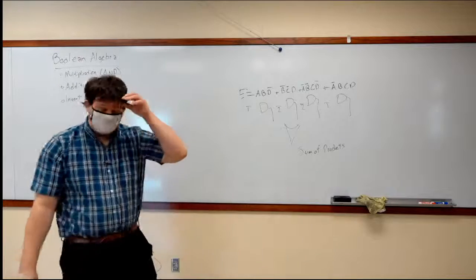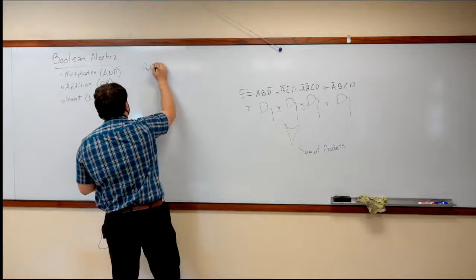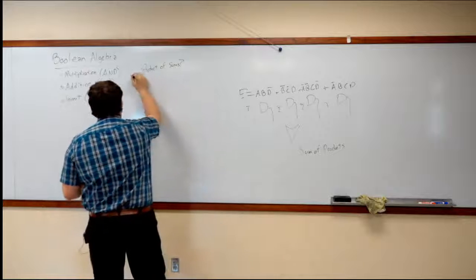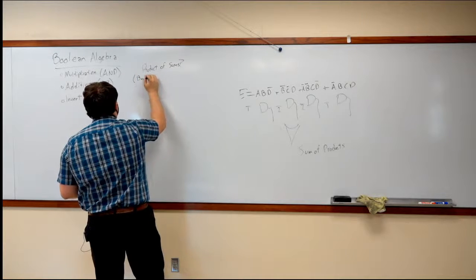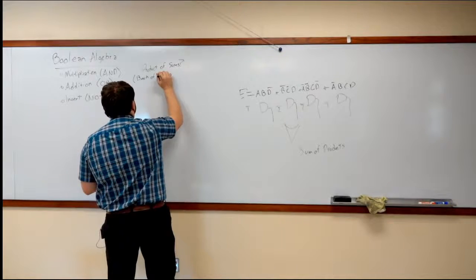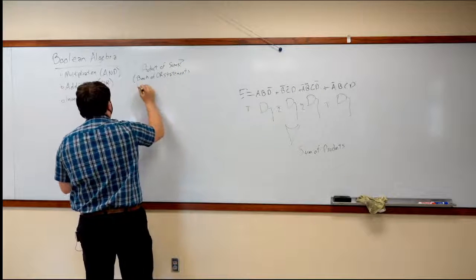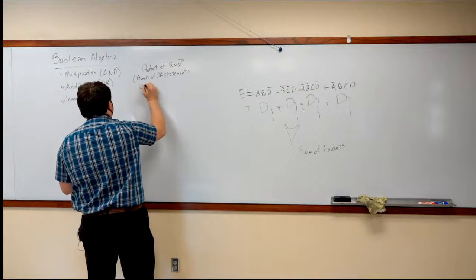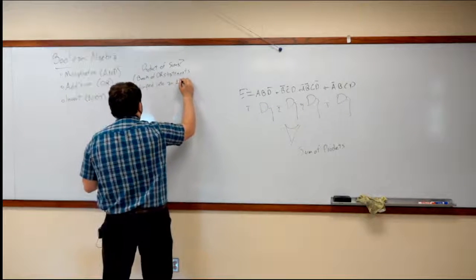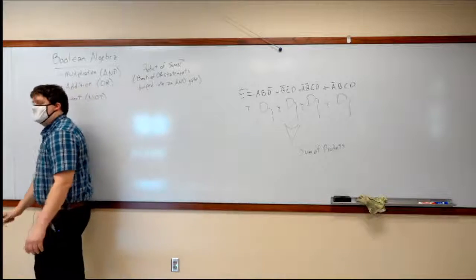But how do we get what is called a product of sums? Here, this is where you have a bunch of OR statements dumped into an AND gate. How do we get that?